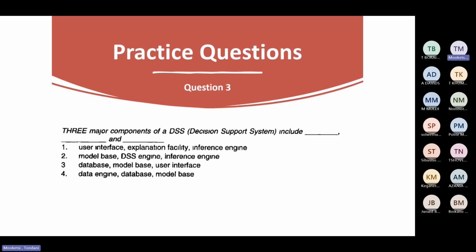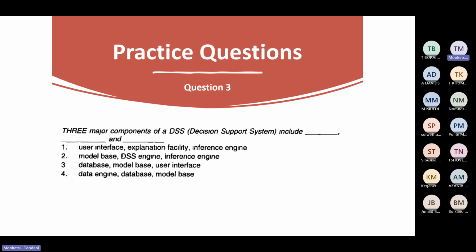Question 3, the 3 major components of a decision support system, DSS, include. Which are the 3 major components of a DSS? Choose the correct option. 1 says user interface, explanation facility, inference engine.